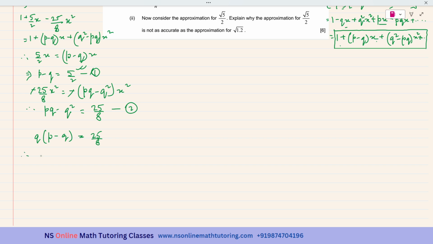So therefore, Q times 5 over 2 equal to 25 over 8, from equation 1. Okay. So therefore, Q is equal to 25 over 8 times 2 over 5. So this is 4 and this is 5. So therefore, Q is equal to 5 over 4.